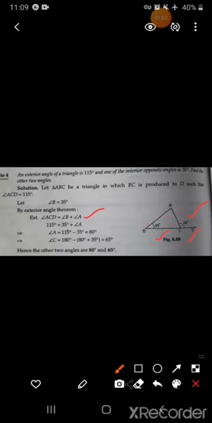So 115 degree becomes equal to 35 plus angle A, and on transposing 35 to the left hand side, angle A is 115 minus 35. On subtraction we get 80 degree. Angle A comes out as 80 degree.